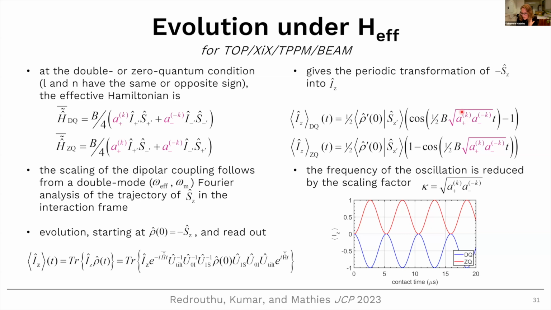The frequency of this oscillation is now determined by B, so the strength of the pseudo-secular term, the strength of the dipolar coupling between the electron and the proton, and the square root of these Fourier coefficients A plus and A minus. So this square root altogether scales the dipolar coupling. If it is smaller, the oscillation will be slower, and this means that the transfer of the magnetization will be smaller. I'm going to call this factor K, which in the next slide is typically called the scaling factor.